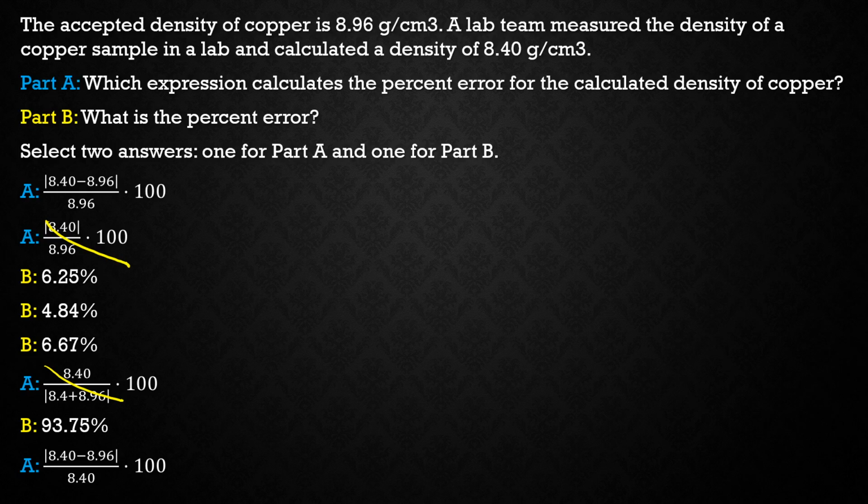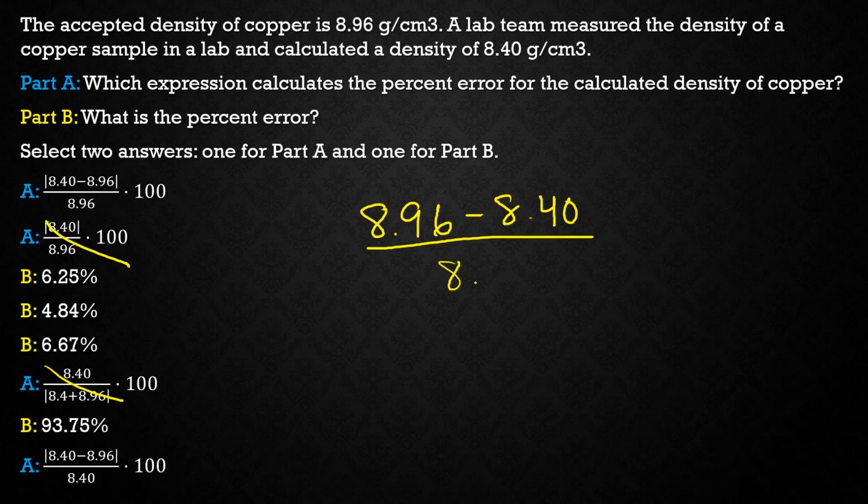So the measured weight is supposed to be 8.96. However, the actual density that this lab team received is 8.4. And we would be multiplying it by 100 once we do all of our dividing.